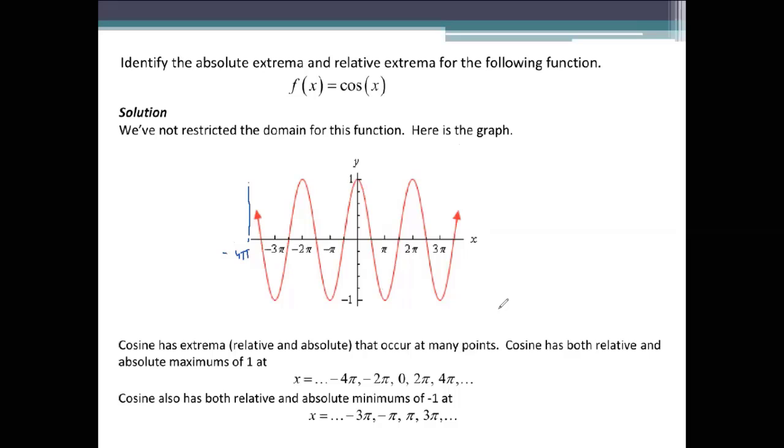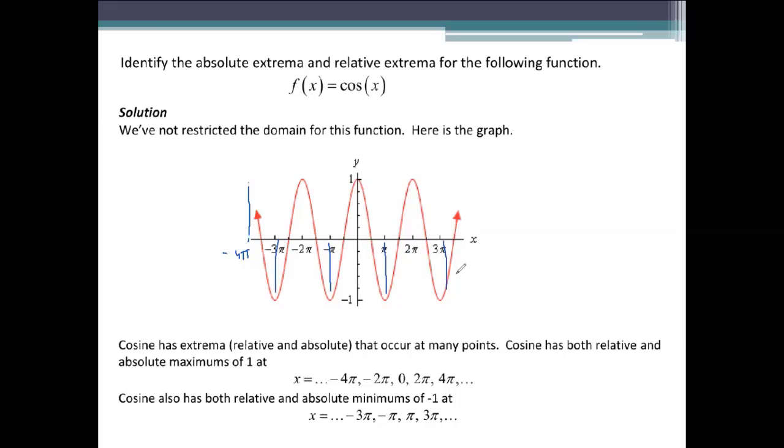So they are absolute maximums of 1 at these points, and the cosine function also has both relative and absolute minimums of minus 1 at minus 3 pi, minus pi, here we can see, or pi and 3 pi.